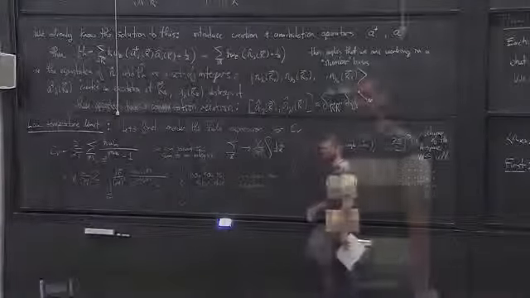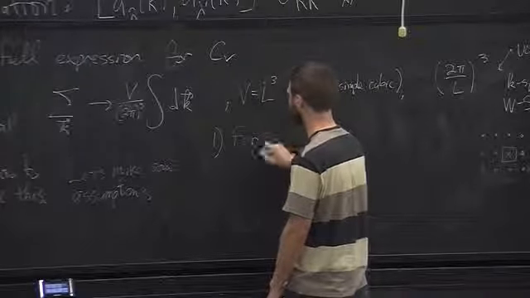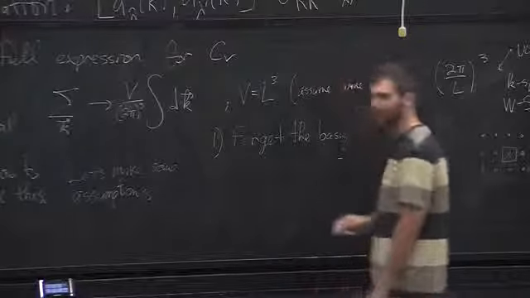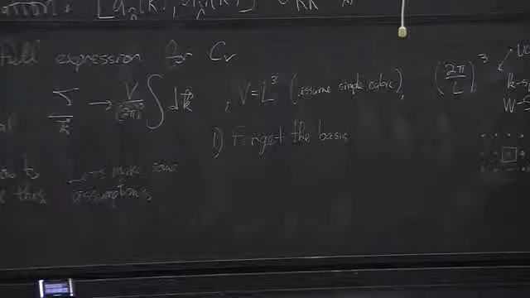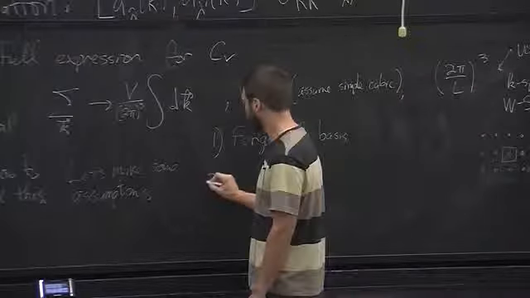Number one, I'm going to forget any complications about having a basis. I hate those things. I don't want to deal with them. So now I just have 3n modes.